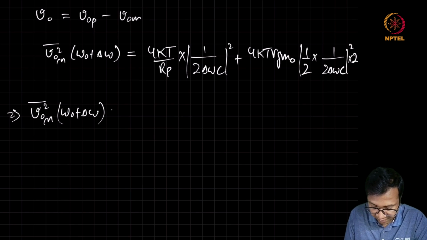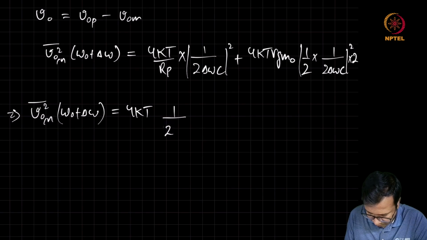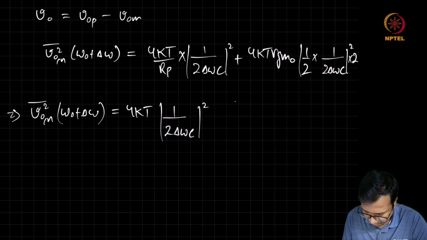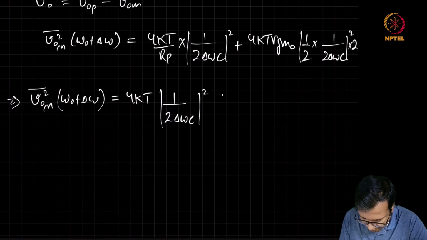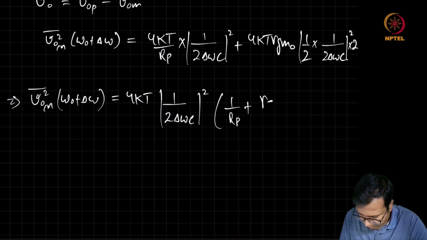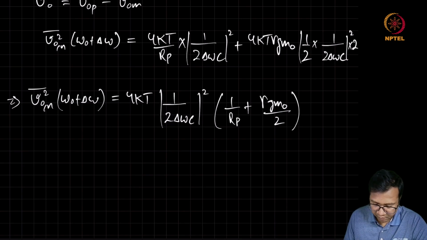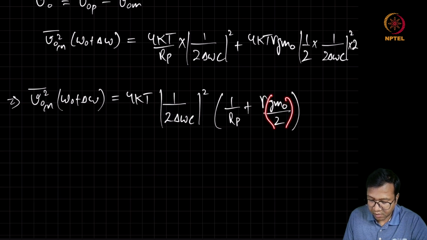So the output voltage noise at a delta omega offset is going to be 4 kT into 1 by delta omega C whole square multiplied by 1 by RP plus gamma GM0 by 2. You also know that for steady state oscillation, this 2 by GM should be equal to RP.